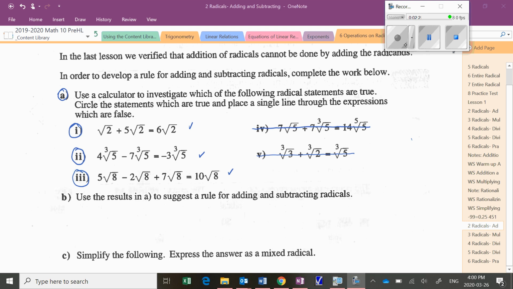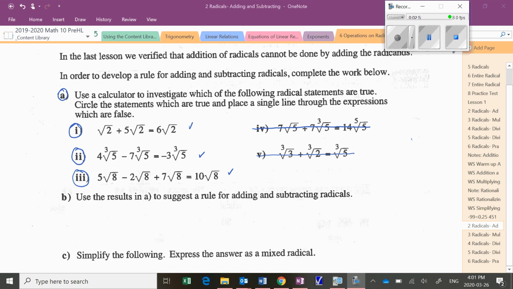If you take a look at 4 and 5, for 4 we've got 2 different indices. We've got the square root and the cube root, so that's why that one doesn't work. And then for example number 5, we've got different radicands, so cube root 3 and cube root 2. So the same index, but different radicands. And so that didn't work.